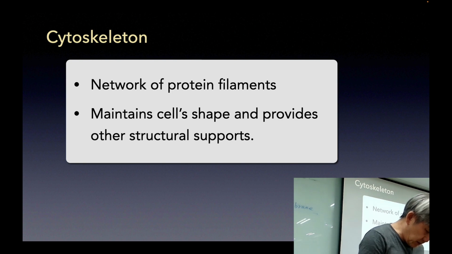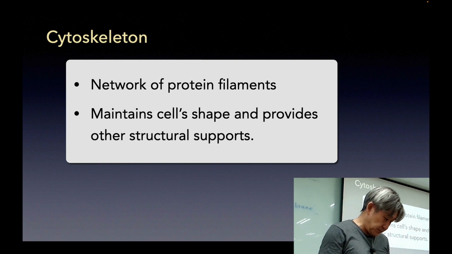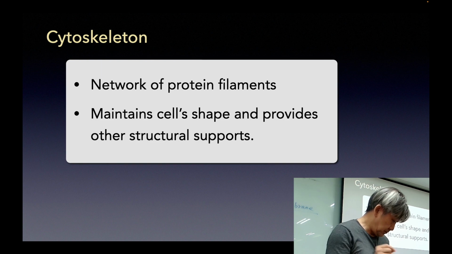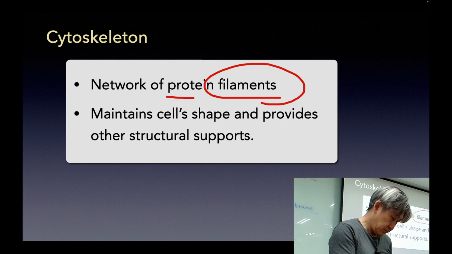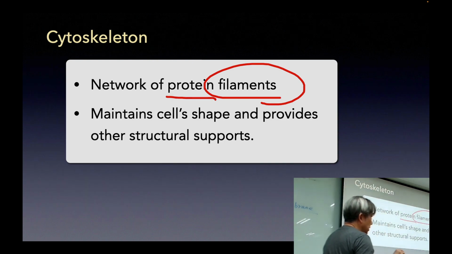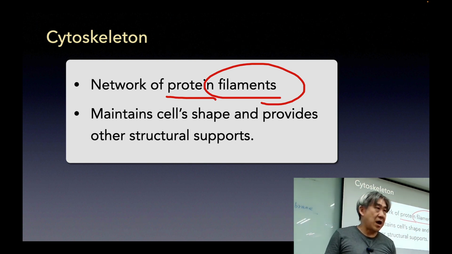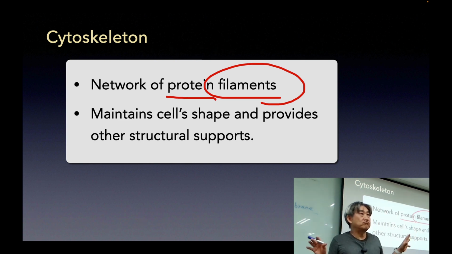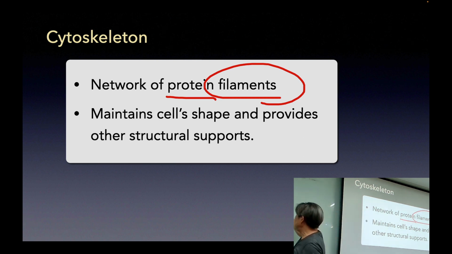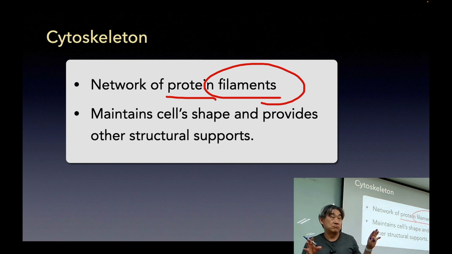One thing is that this is a network of protein filaments. The word filaments means a long thread-like structure. In contrast, there are two contrasting shapes of proteins you can imagine in our world of proteins. One would be a roundish shape of protein, roughly speaking.